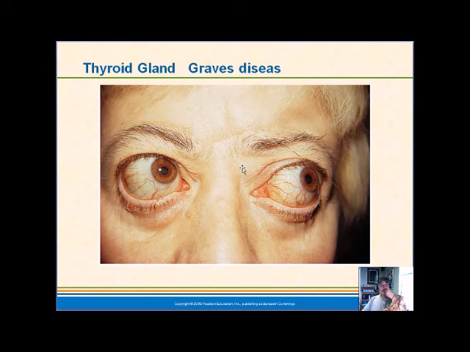Here's Graves' disease, and you can see here the exophthalmos that occurs. The eyes bug out. This is a result of fat deposition behind the eyes, and when this happens, it really does not change. You can have your thyroid gland disorders taken care of, but you're still going to have the big buggy eyes.